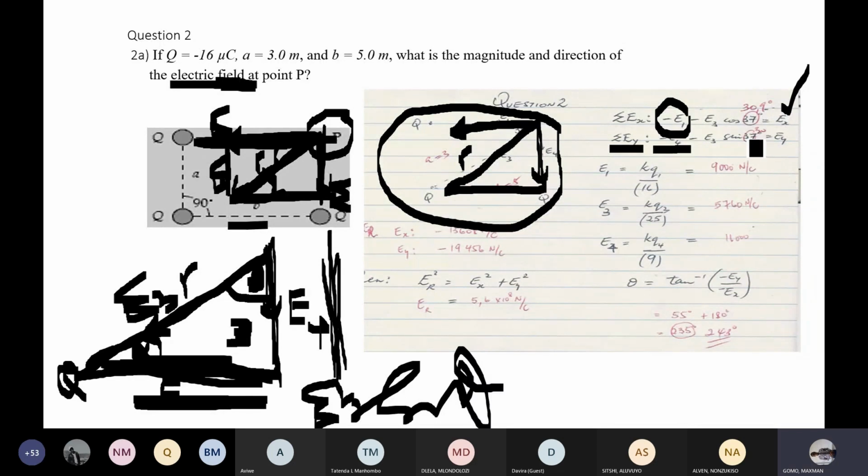Minus E3 sine. Again, it's this side that I was talking about. Remember, we resolved with respect to E3, so it's going to be this side. Since this side is facing down, that's why you see here it's negative E3 sine 37. So you'll be able now to calculate your EY. Then you have to find the value of E1, E3, and E4.